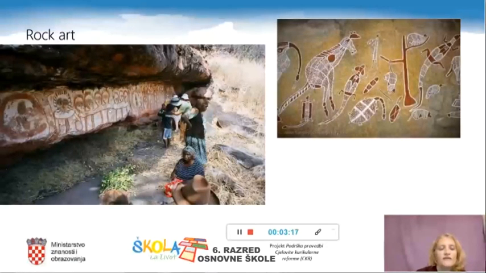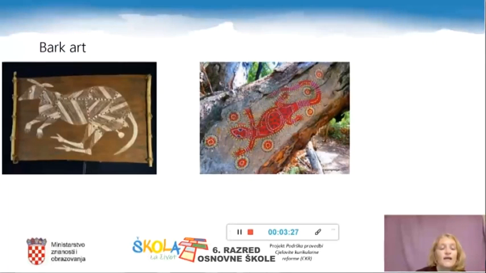Also, they created some rock art, umjetnost na stijenama, as you can see here and here on this detail. Aborigines also produced art on trees, and we call this art bark art because it is produced on the bark of the tree. To je umjetnost koju su oni stvarali na kori drveta.